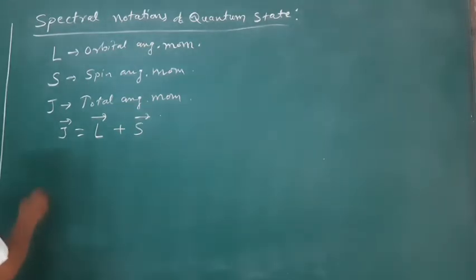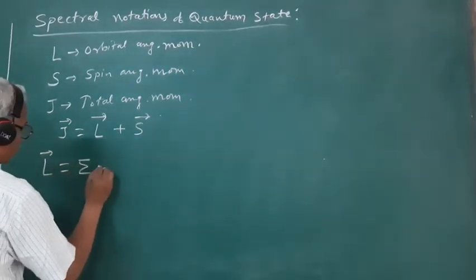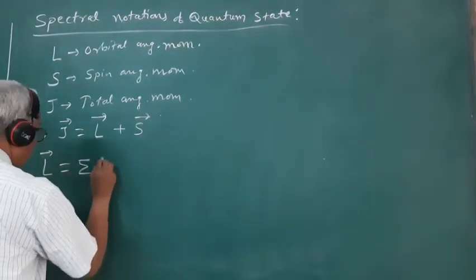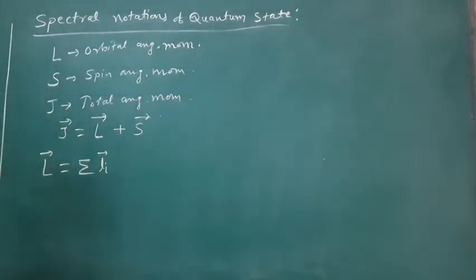where L bar is equal to the summation of Li bar, and it gives the orbital angular momentum for an atom, and it is equal to the vector sum of the orbital angular momentum vectors for all the electrons belonging to a particular atom.